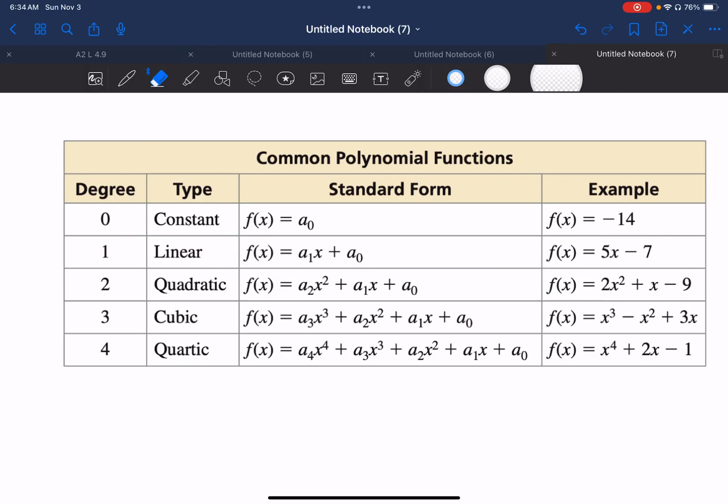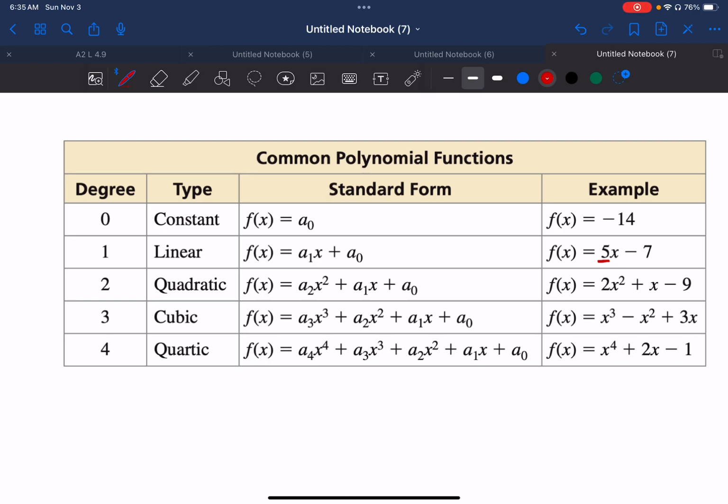Now we are going to be using the degree and the leading coefficient to be able to determine the end behavior of the graph. So what is happening at the ends of the graph? So as far as leading coefficient goes, that's the leading coefficient for the polynomial function when it's written in standard form.